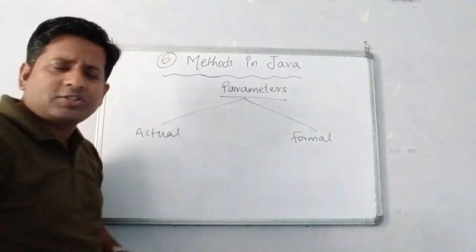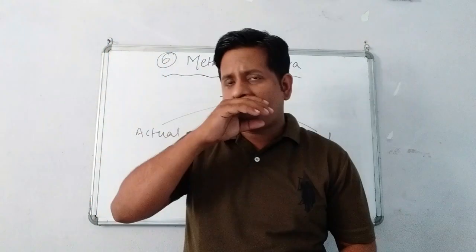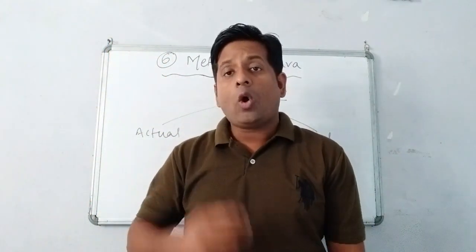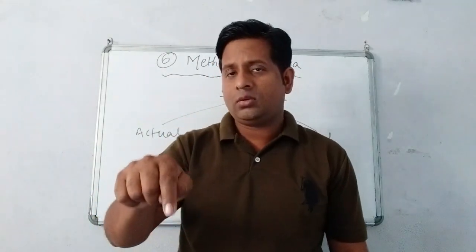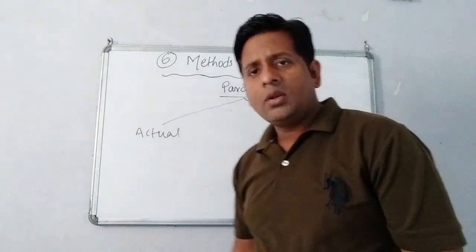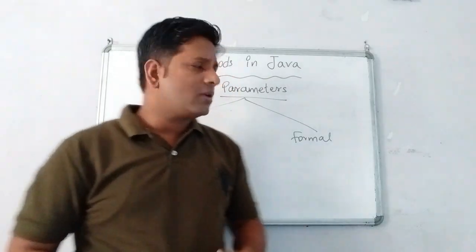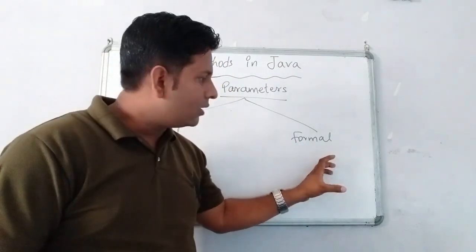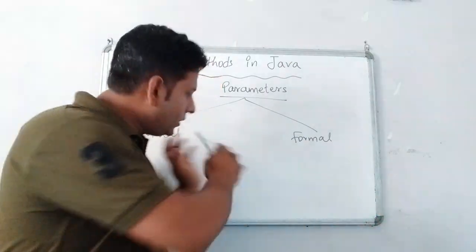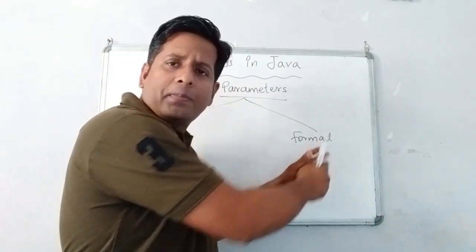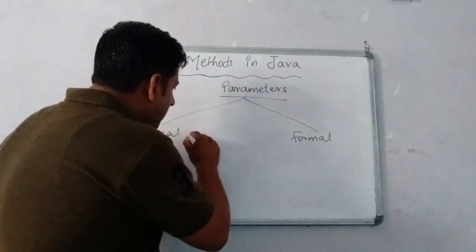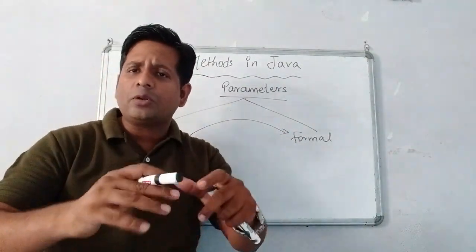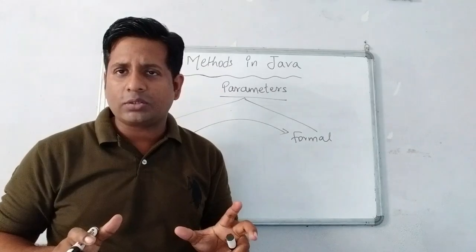As the name says, children, actual means the original, which we ask from the user. The value on which you are going to operate will be asked from the user. That is the actual parameter. Whereas formal parameters are copies of the actual parameter. We pass this one. In some calculations we require it, so we need to pass the actual parameter to the formal parameter. The actual parameter is passed to the formal parameter, and the formal parameter uses that value and calculates.